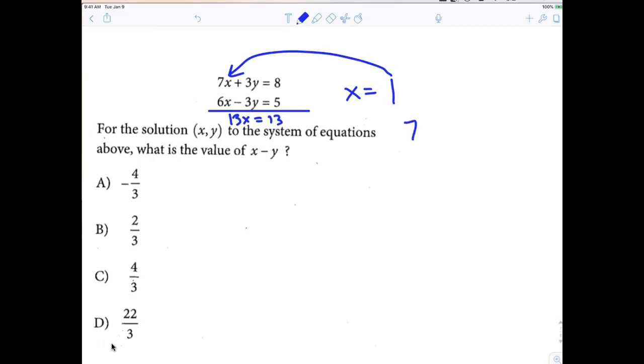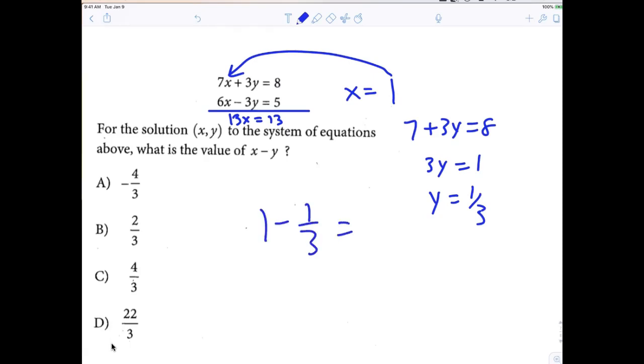And so I get 7 plus 3y equals 8. 3y equals 1. Y equals 1/3. So I agree with that. And then you just have 1 minus 1/3, which of course is 2/3. All right, that was not too bad. Any issues? Come on.